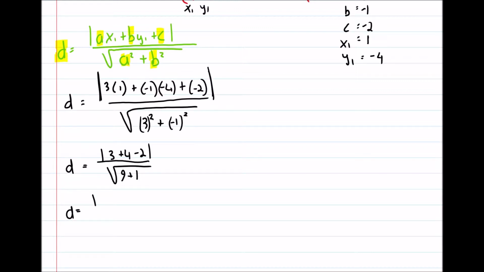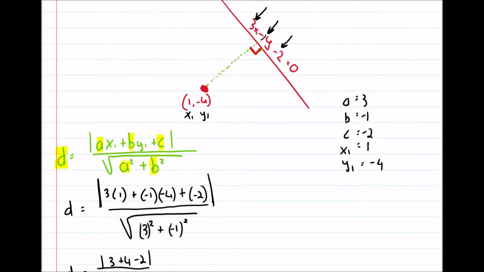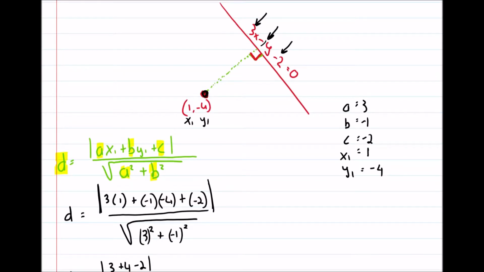The distance equals 3 plus 4 minus 2, which is 5, over the square root of 10. If we type that into the calculator, we get the distance is 1.58, correct to 2 decimal places. So the distance from here to here is 1.58.